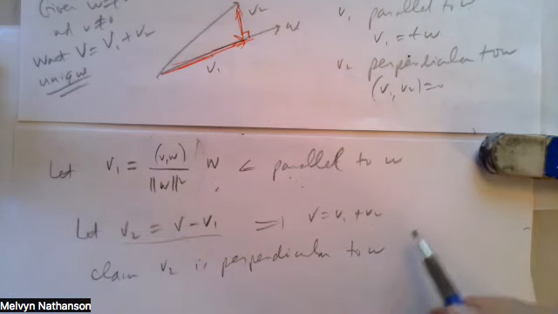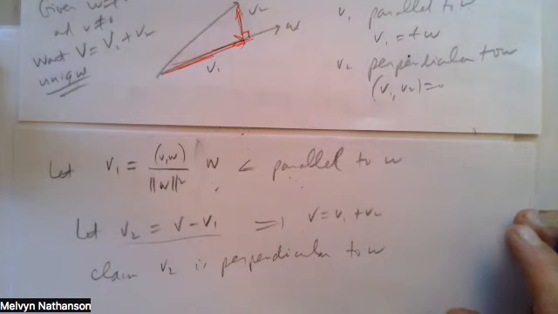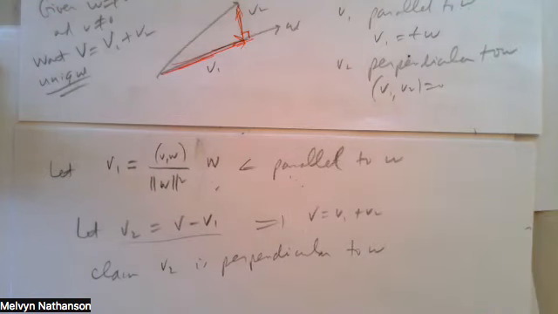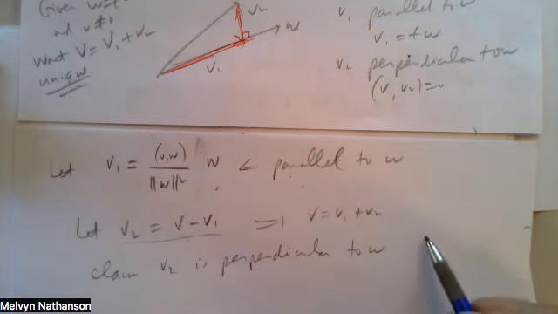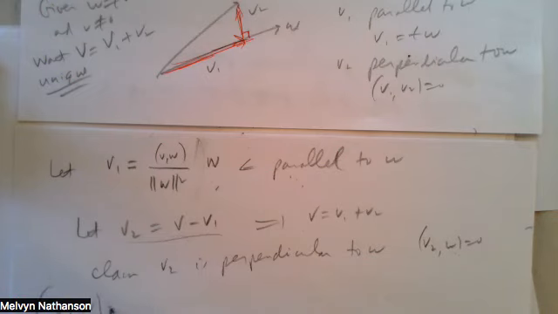To say that V2 is perpendicular to W means that the inner product of V2 and W is 0. So that's what I have to compute. What is the inner product of V2 with W?